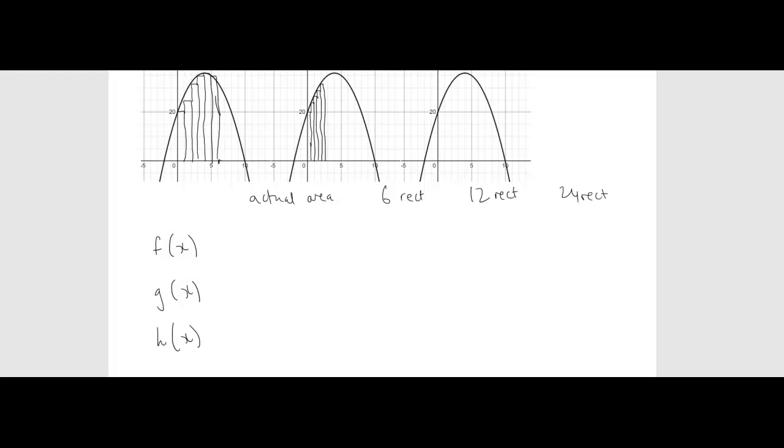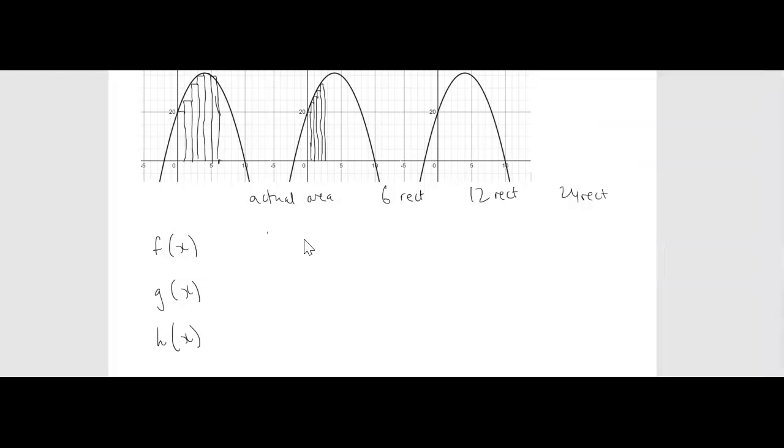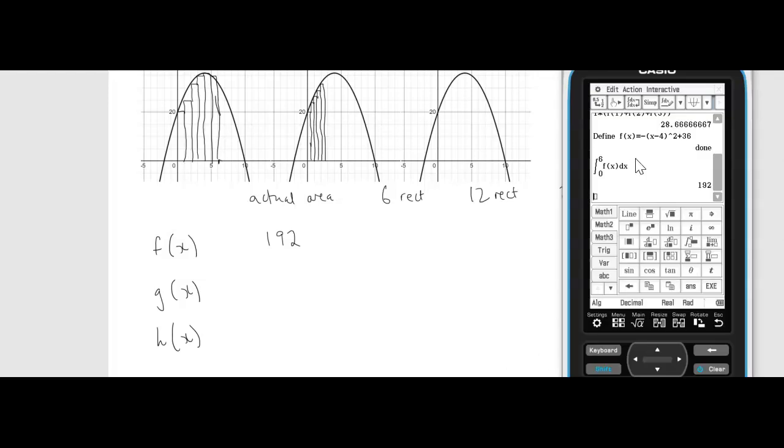Okay, on our calculator, going from 0 to 6 of f of x dx. All right, so the actual area is 192. All right, so if we're doing 6 rectangles, each width is 1.